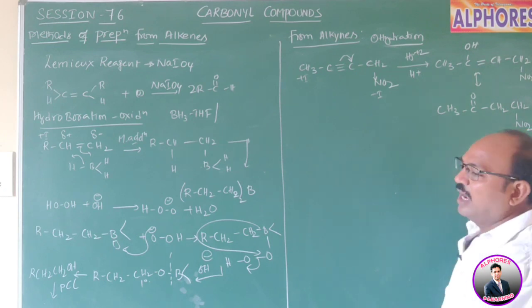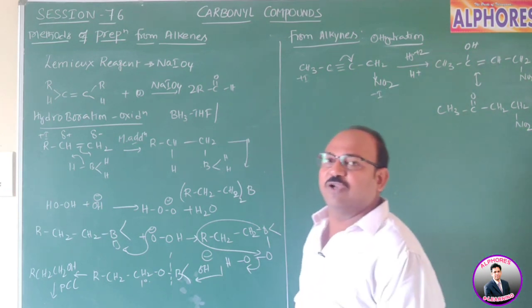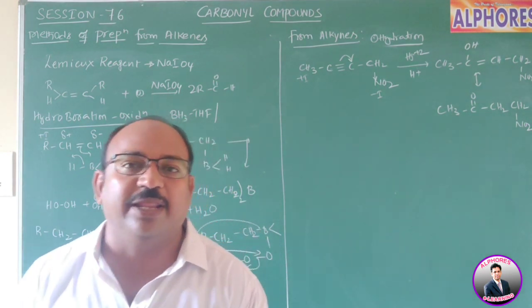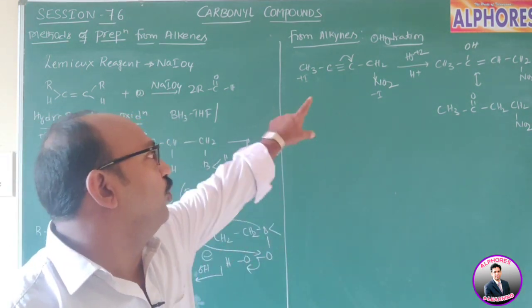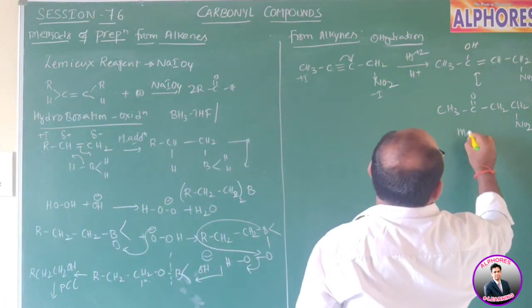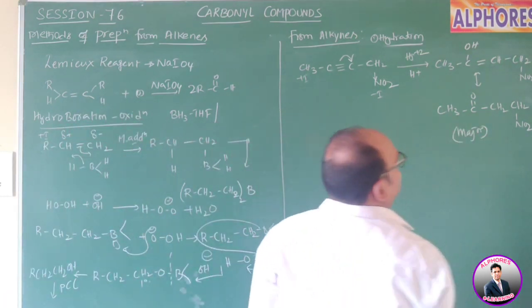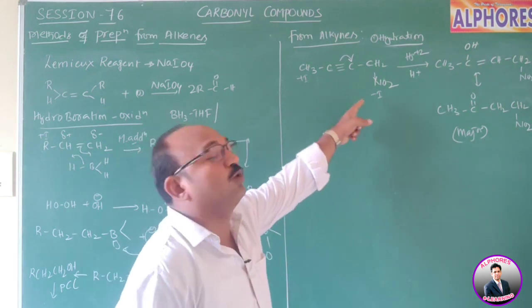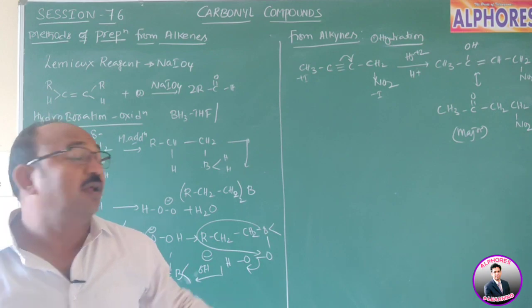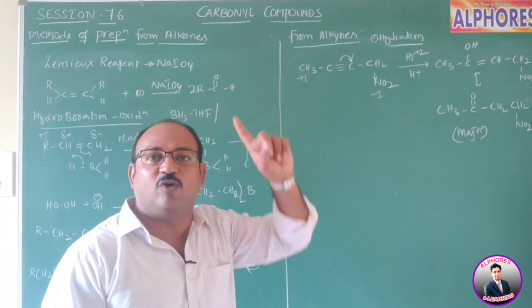That means unless some electronic effects influence here, when both the alkyl groups are the same, you get only one product. But when both are not the same, you get this product as the major product. This means the NO2 group governs which product is formed.